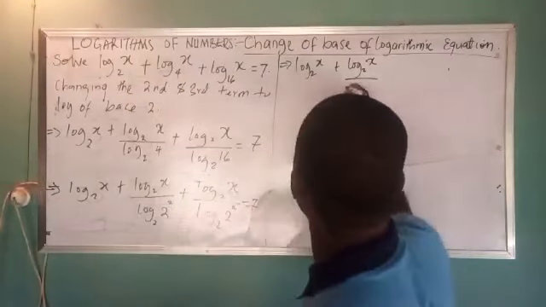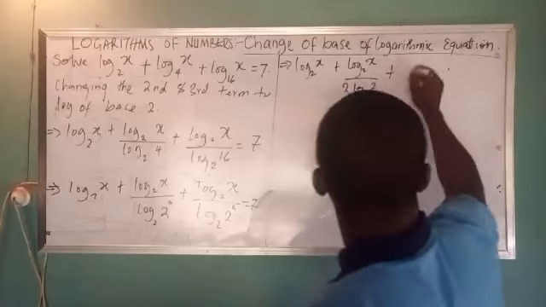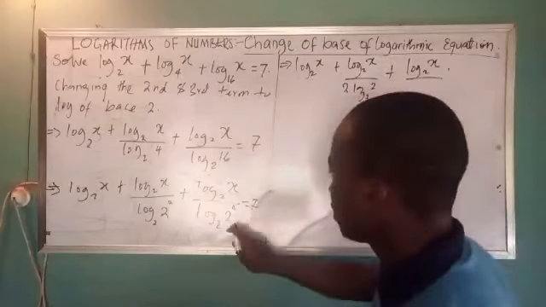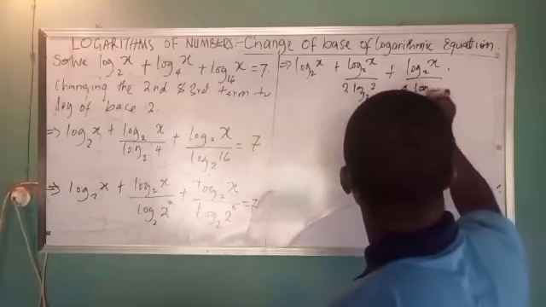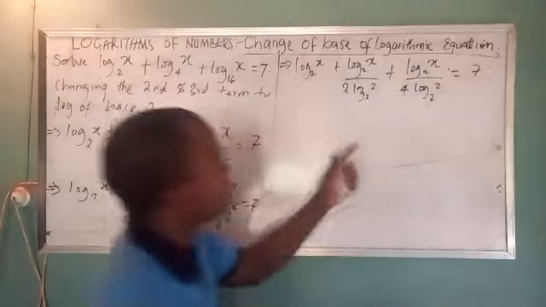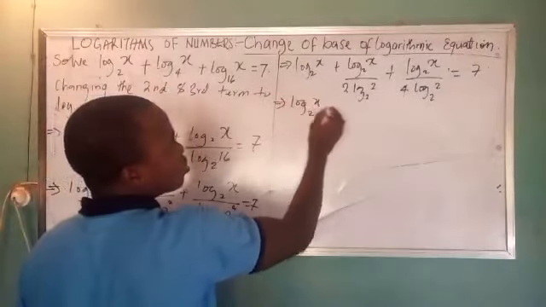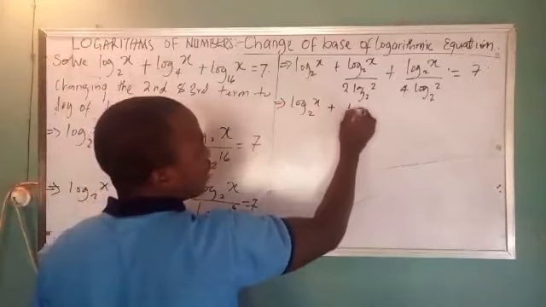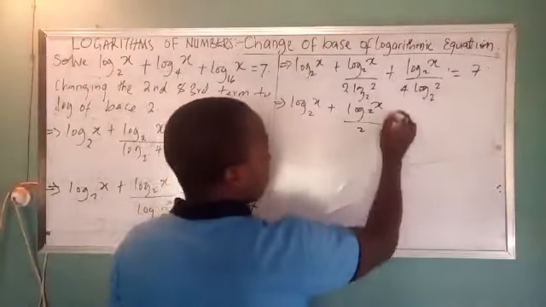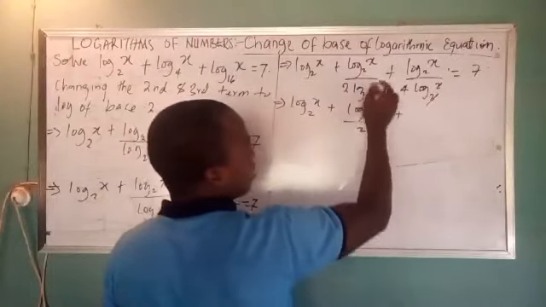Because this 2 will come down, we have 2 log 2 base 2 plus log x base 2 over 4 log 2 base 2 equals 7. So now you can see that we have log x base 2 plus, this one returns to 2, we have log x base 2 over 2 plus, this one returns to 1, this one returns to 1.